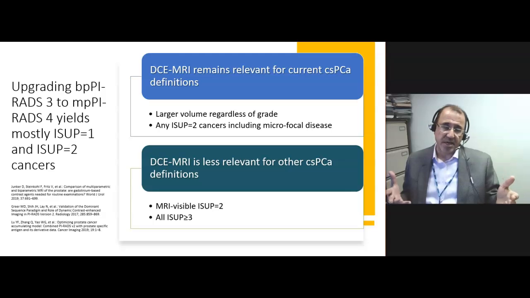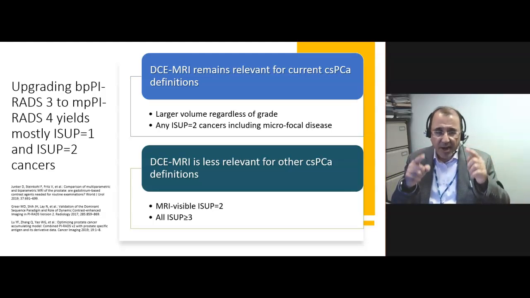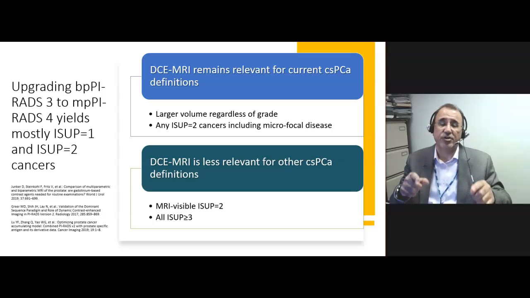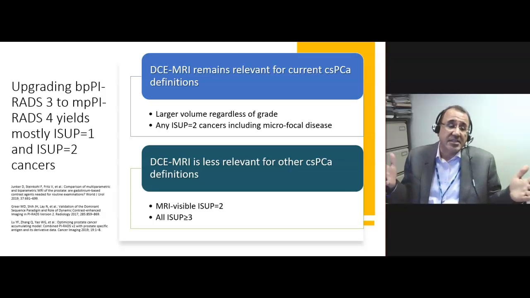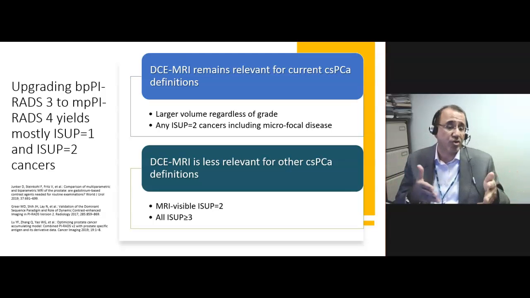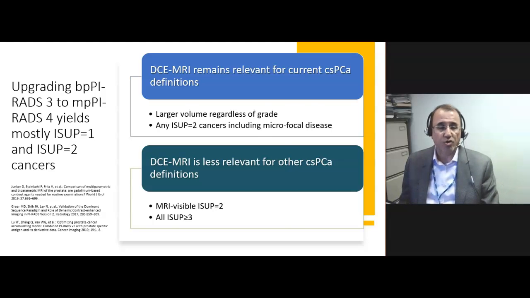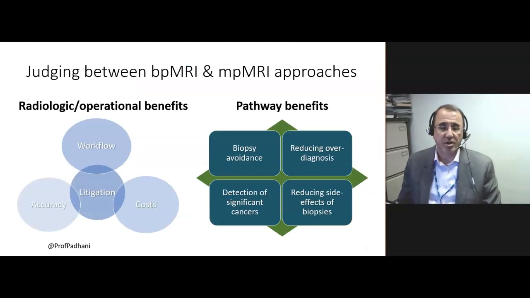Any ISUP2 cancer, even microfocal disease, would be considered as clinically significant by many urologists. Of course, if your urologists don't agree with that, they only want the larger ISUP2 lesions and above, then DCE is much less relevant. So it really does depend on your own urologists.